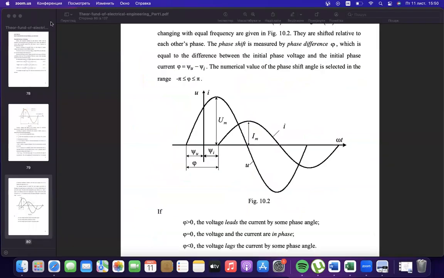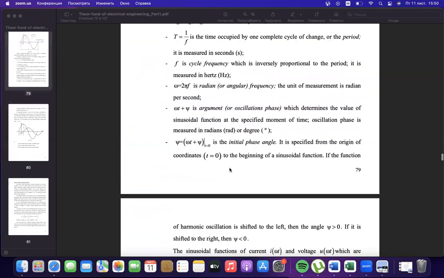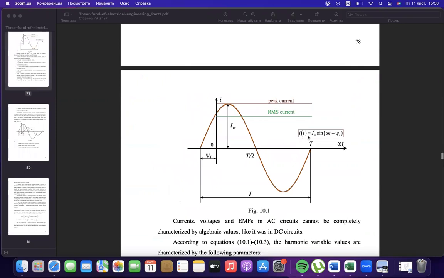Then let's see what we have about general characteristics of the sinusoidal function with main parameters. Because instantaneous values at different points of time differ, we have the so-called root mean square value, which is the energetic or power average. It means that with this amount of direct current, we will obtain the same power as for our sinusoid.